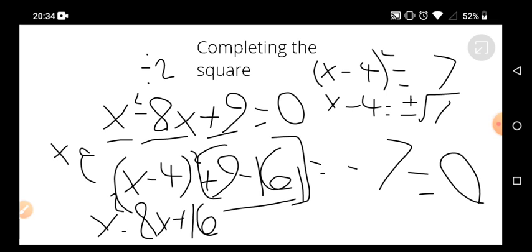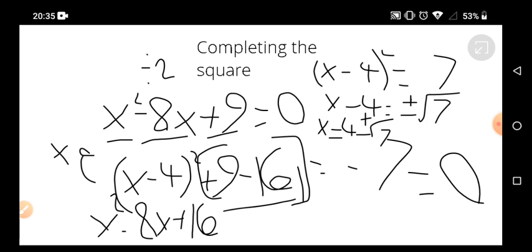It could be minus root 7 or plus root 7. And they will be our two answers to quadratics. As you see, we've got two answers before when solving these. And so we can say x is equal to 4 plus or minus root 7. So there are the roots of our graph.